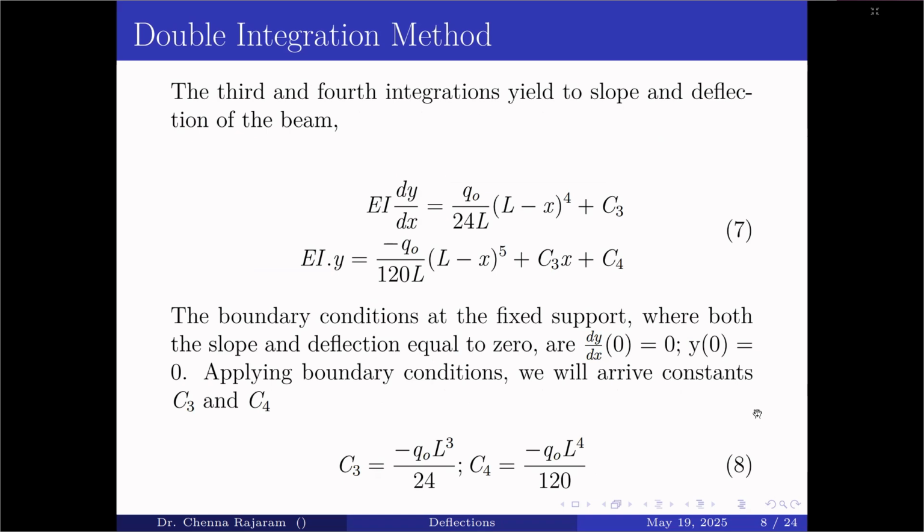Now, the third and fourth integrations yield the slope and deflection of the beam. So that is EI dy/dx. As we already discussed, dy/dx is the slope of the beam, which is equal to q0 divided by 24L into (L minus x) to the power of 4 plus C3.